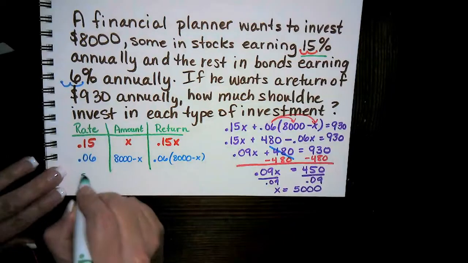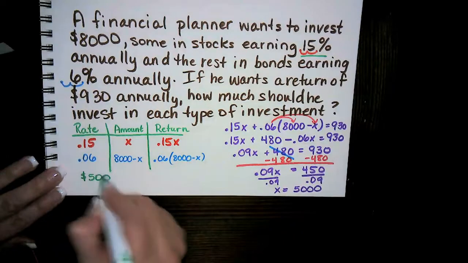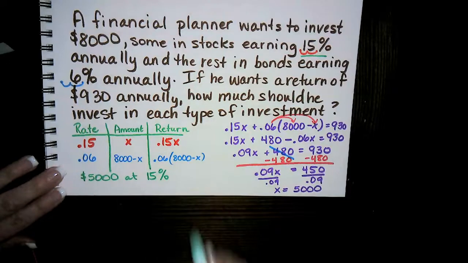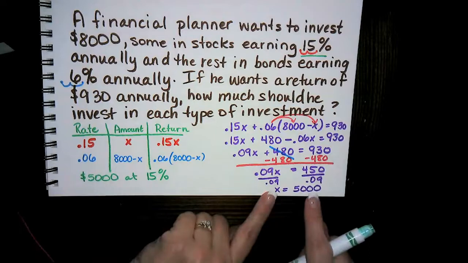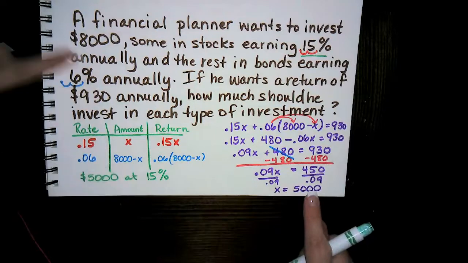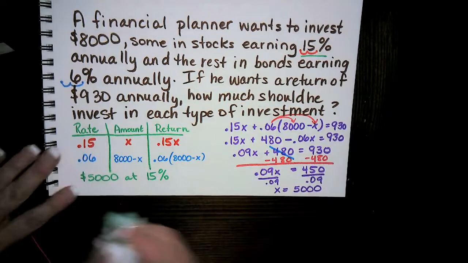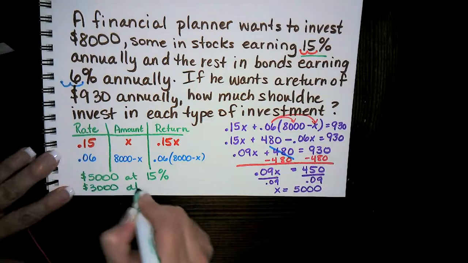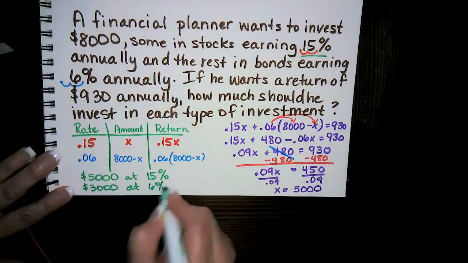So this person should invest 5,000 at 15%. And if he does 5,000 at 15%, remember he wanted to do 8,000 total, so he should invest the remainder, which is 3,000 at the 6%.